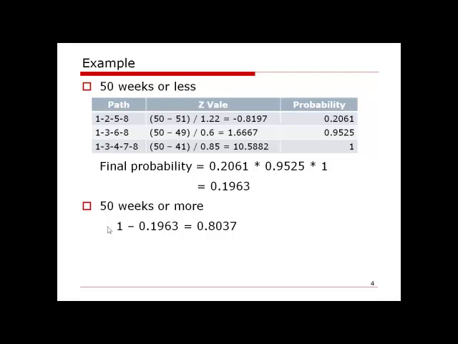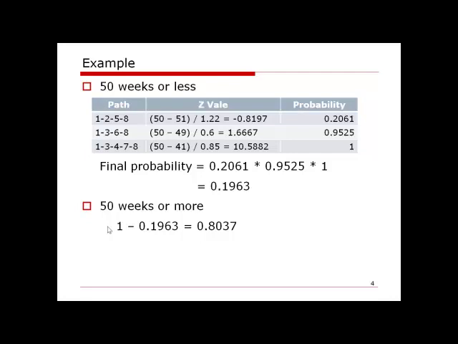We can calculate the corresponding z-value, which equals negative 0.8197. This gives us a probability of 0.2061. Similarly, we can calculate the probability to finish path 1, 3, 6, 8 within 50 weeks, which is 0.9525, and path 1, 3, 4, 7, 8 will be roughly 1. These are the probabilities that we finish each of these three paths within 50 weeks.